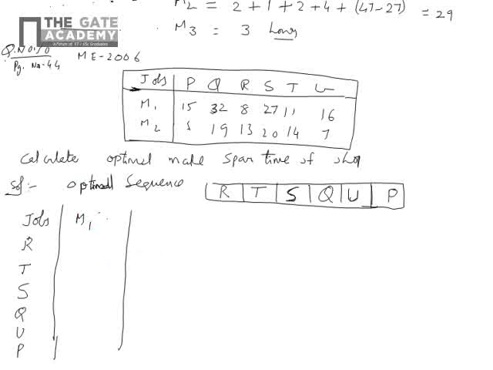Machine 1 and machine 2 processing times. For R it is 8 and 30. For T, 11 and 14. For S, 27 and 20.